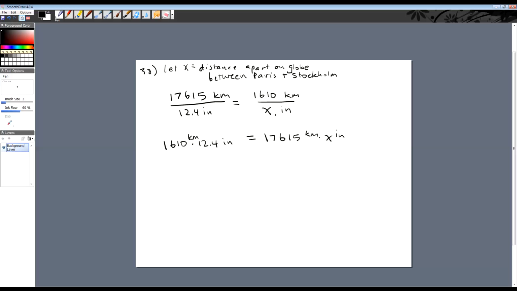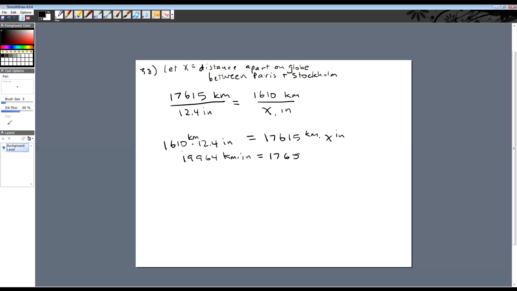Now, 1610 times 12.4 is 19,964. But we are multiplying kilometers times inches, so the units will be kilometer inches.